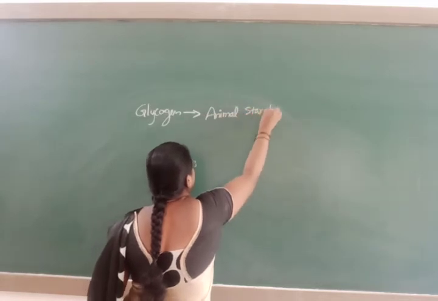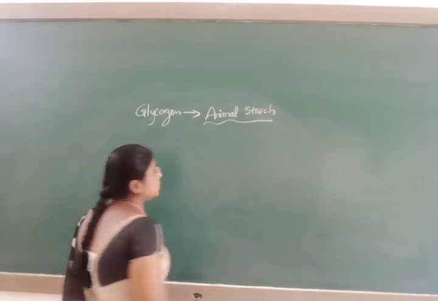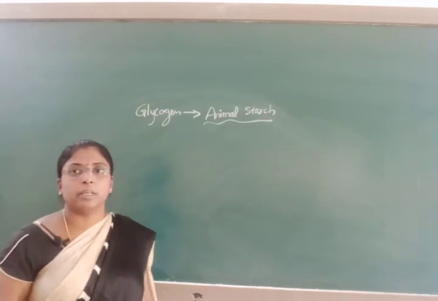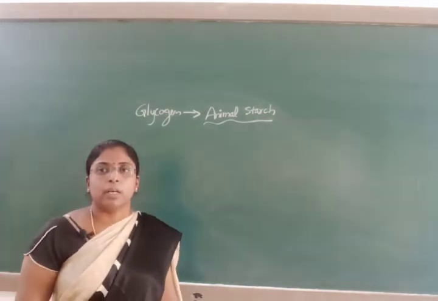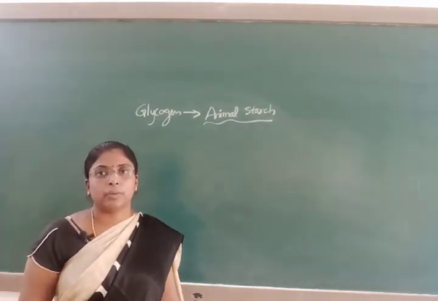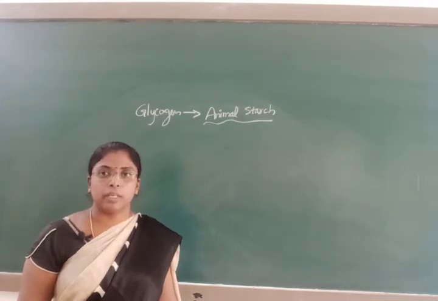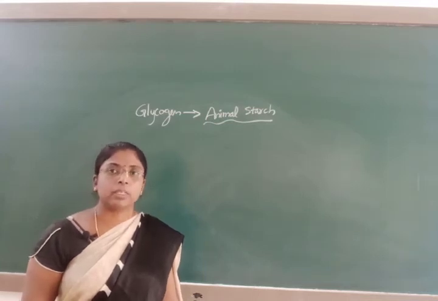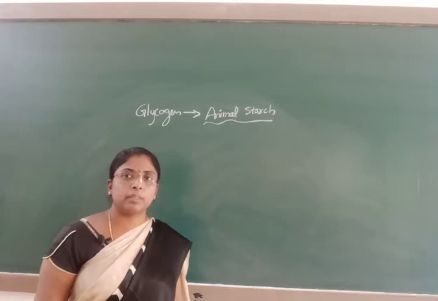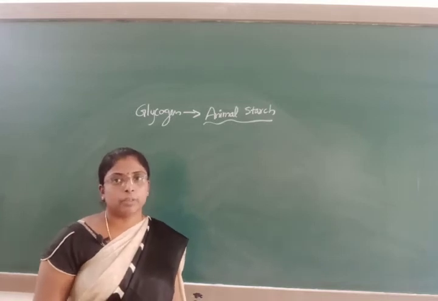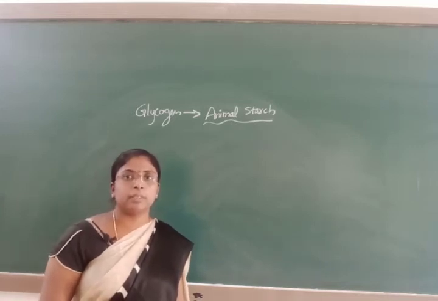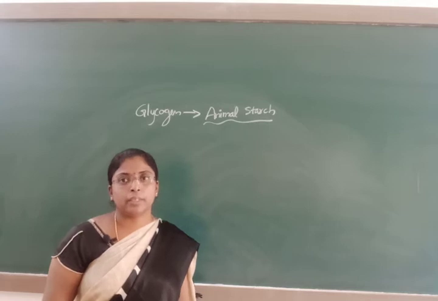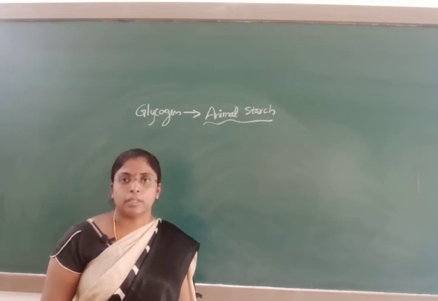Why do we call it animal starch? Since glycogen is present in the stored form in animals, we call it animal starch. Commonly starch is a storage material present in plants, whereas glycogen is a storage material present in animals. Hence it is known as animal starch.